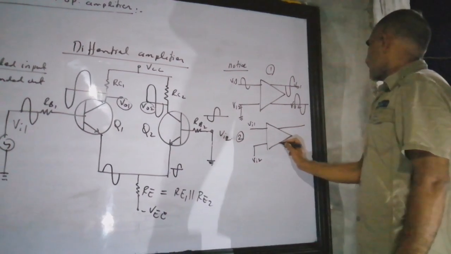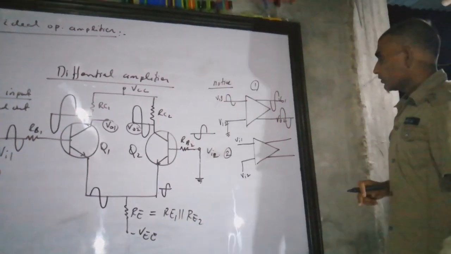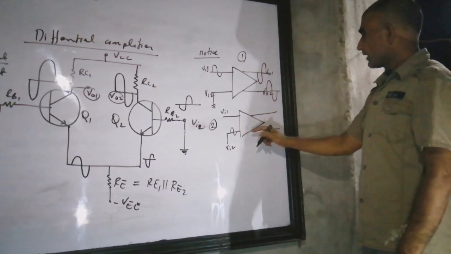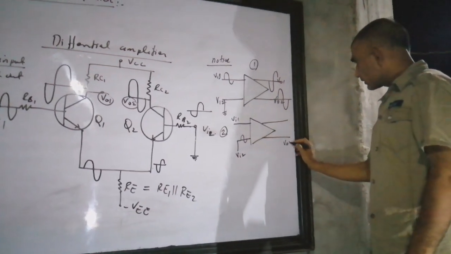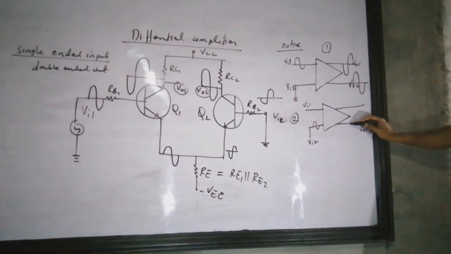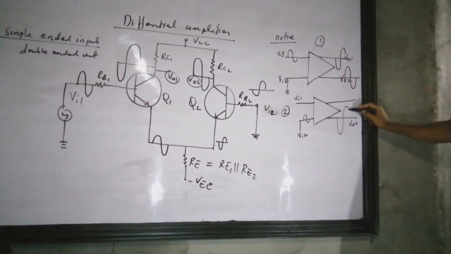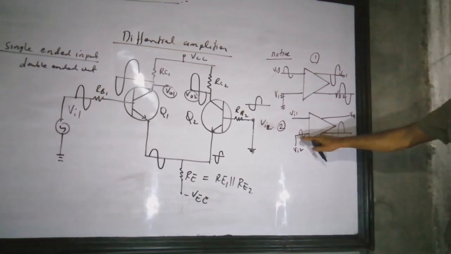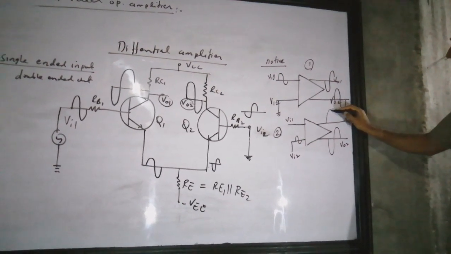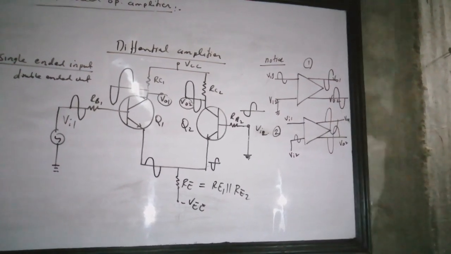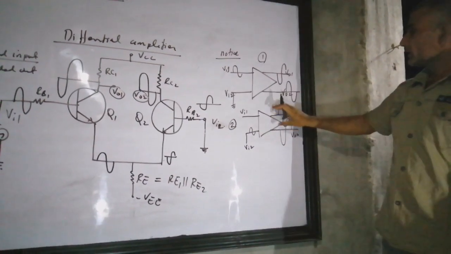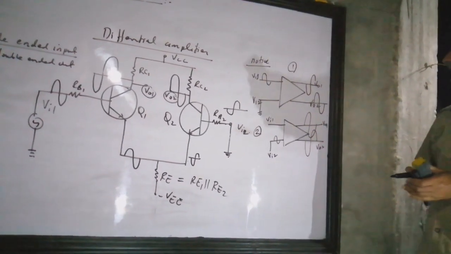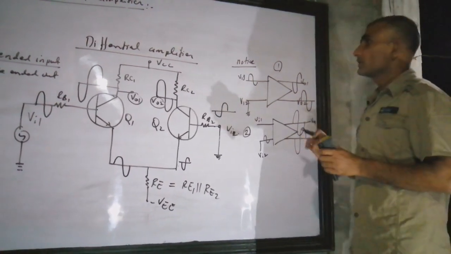Okay, and so in this case, supposing again this is a sinusoidal signal like this, at its own input-output terminal we are getting just the opposite, meaning amplified but opposite. But at the other output terminal, we will get it in the same phase, like this. Okay, and so we will use these two things in the operational amplifier frequently, so you have to keep this also in mind.